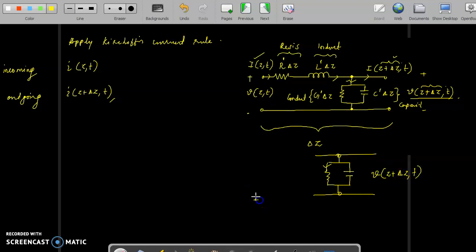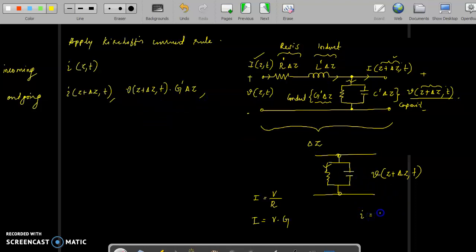So we know that current is V by R. So 1 by R is G, so I can be written as V times G. Here V is V(z+Δz,t) times G. What is the conductance? This one. And what is the current through the capacitor?